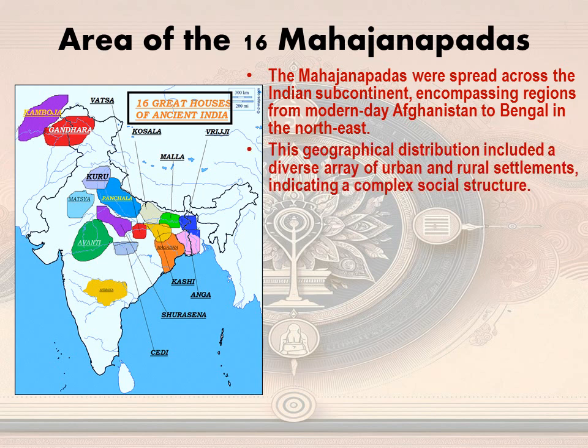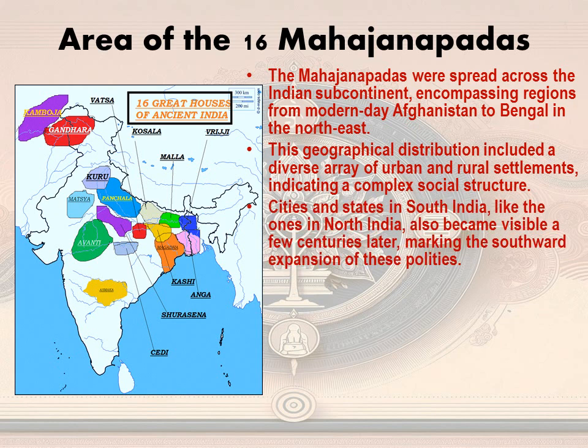Geographical distribution included a diverse array of urban and rural settlements, indicating a complex social structure. So there were both urban settlements and rural settlements in each of the states, and that indicates a complex social structure.